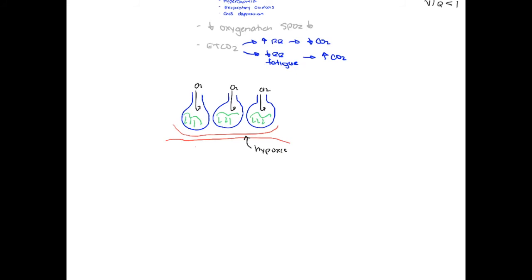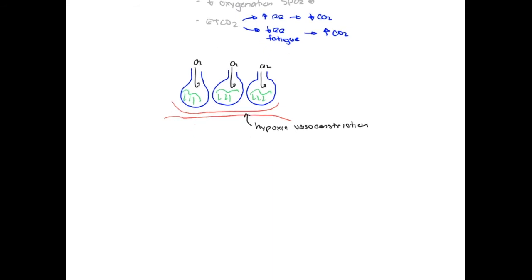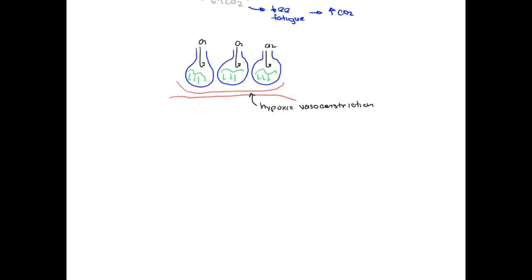Now the problem in asthmatics is that the entire lung field is affected. So especially in an extreme asthma exacerbation, the entire lung field is affected. So instead of having this hypoxic vasoconstriction at a localized area of the lung tissue, we're seeing it throughout the entirety.